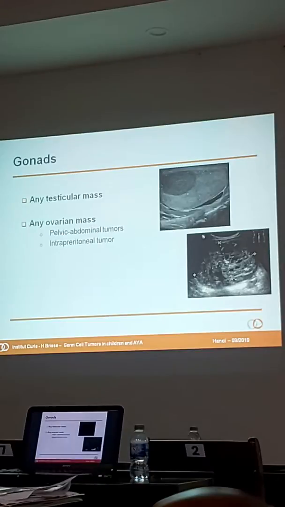But also, if the diagnosis is not obviously gonadal tumor, when you have a huge pelvic abdominal tumor in a girl, for example, it's not very evident to say it comes from the ovary, so you should think about this. And for all intraperitoneal tumors, because it's very rare to have primitive intraperitoneal tumors in children, each time you see an intraperitoneal tumor in a girl, you should think about this diagnosis.